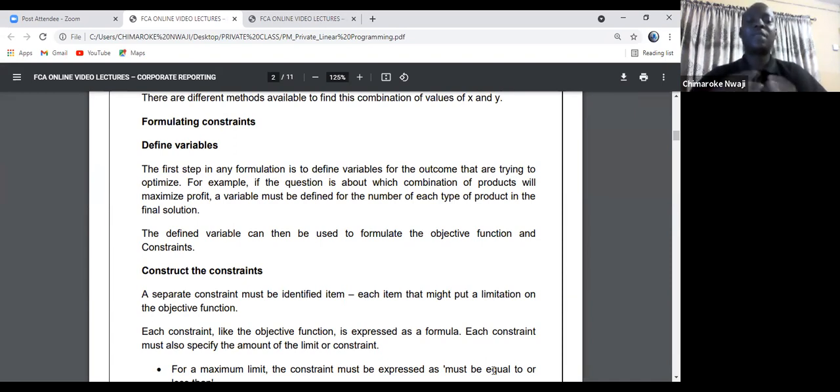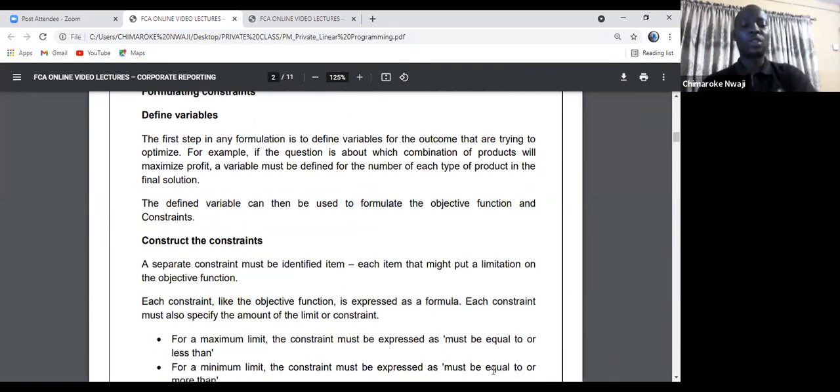The defined variable can then be used to formulate the objective function and constraint. So it means when you have used your X and Y to represent the real thing that you are trying to solve, you will use your X and Y to formulate your objective function and your constraint.